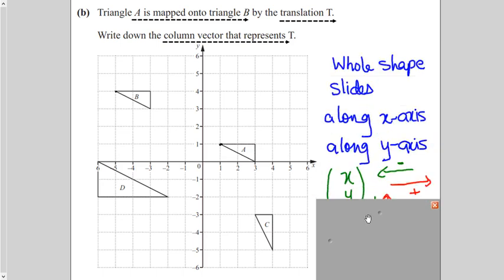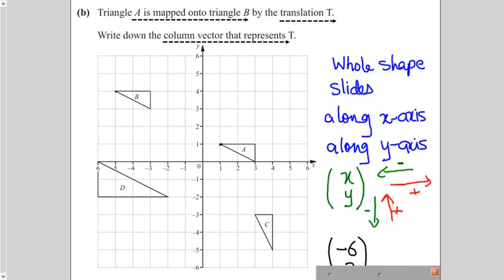So I can say that it is -6 and 3. The column vector is written in this form. We always write x on top, y at the bottom. And plus or minus simply tells you the direction. Left is minus, right is plus, up is plus, down is minus. So this is how you write the column vector of the translation T.